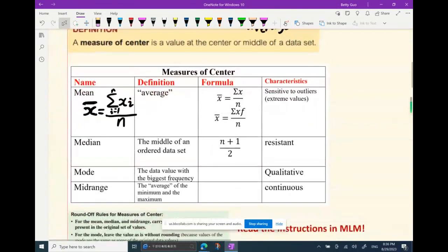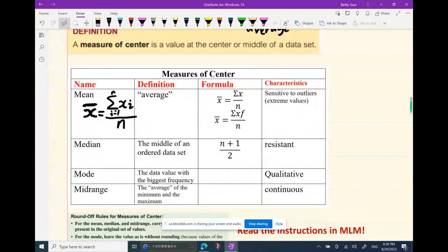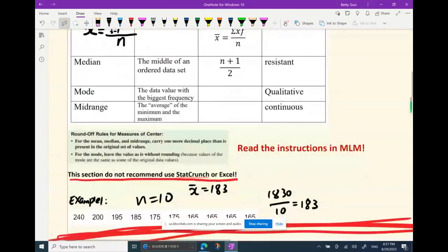The next measure of center is called the mode, M-O-D-E. Definition of mode: the mode of a data set is defined as a value in the data set that has the largest frequency. In other words, the mode of a data set is the value that appears the most times.